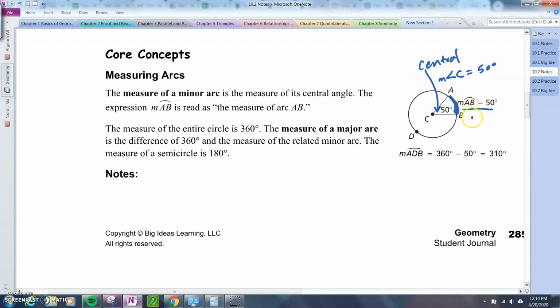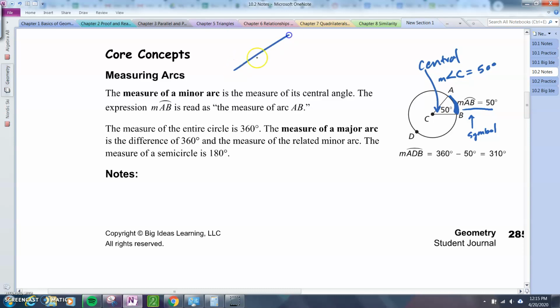This is the notation, the symbol we use for writing a minor arc. And a minor arc is anything that is less than 180 degrees around a circle. So again, the central angle, the vertex at the center, is going to be equal to this arc that's created on the circle. You can imagine it like a pizza crust.